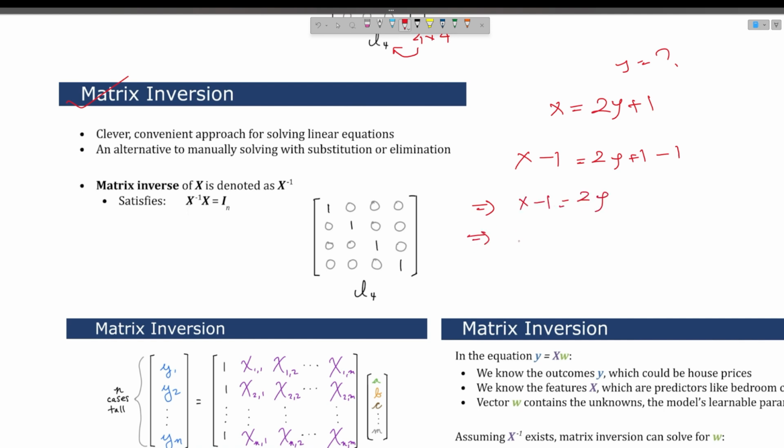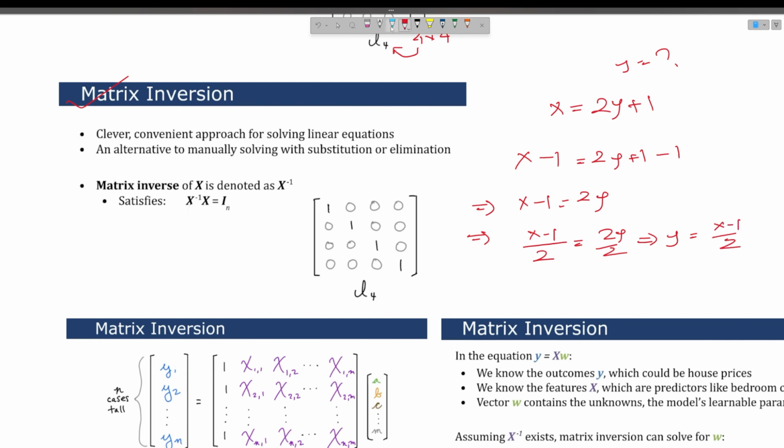Then we divide both sides by 2: x minus 1 by 2 equals 2y by 2. This is the real process. Then we end up with y equals x minus 1 by 2.